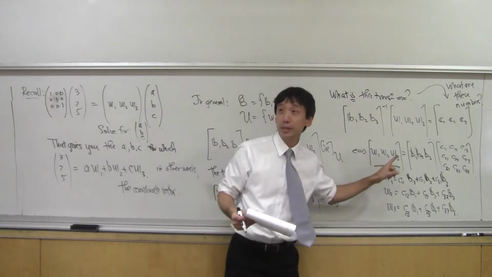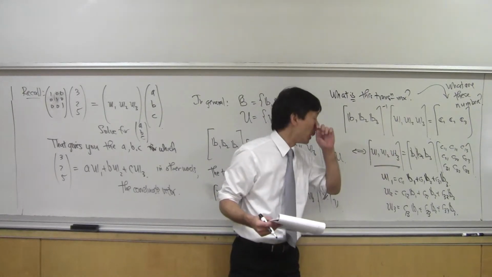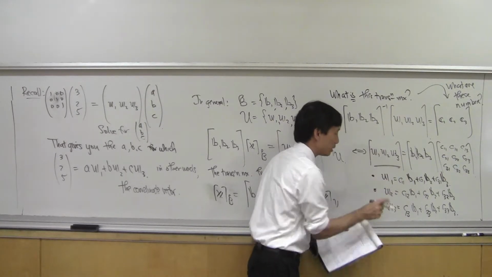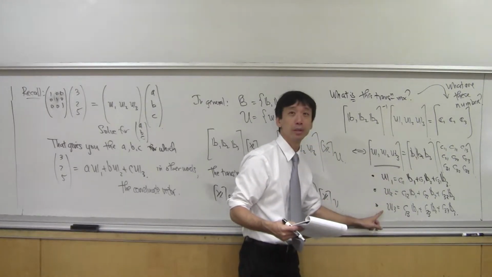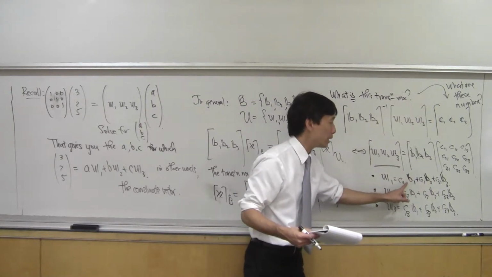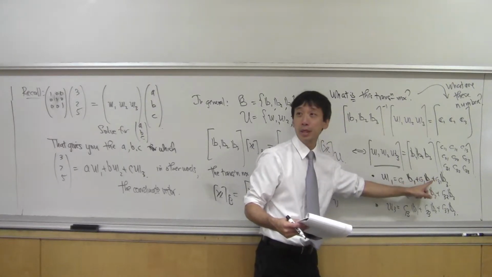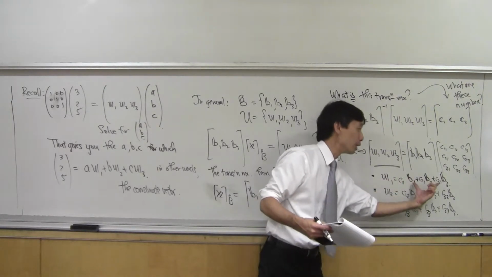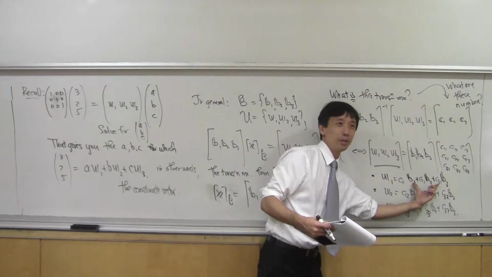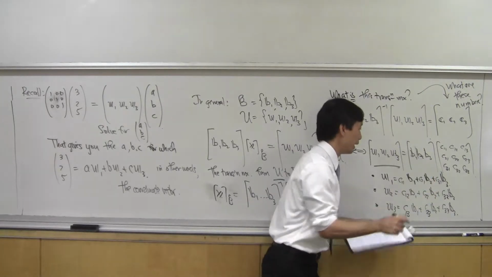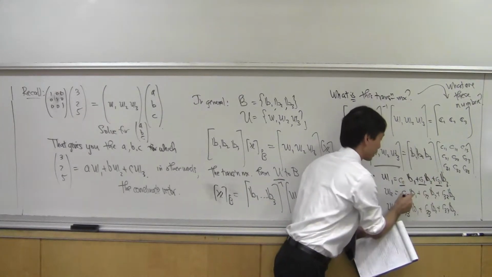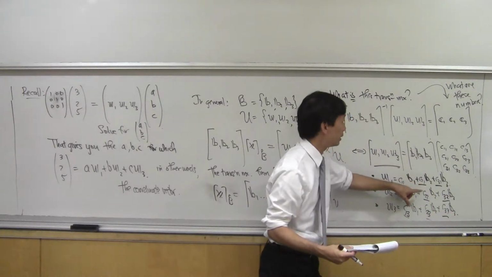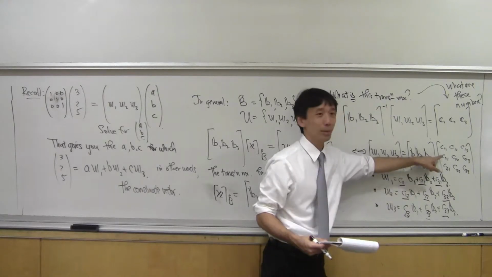So what is the transition matrix? It's the matrix that you get if you take the basis that you're coming from, and you take the basis that you're going to, and you express the elements of the basis that you're coming from in terms of the basis that you're going to, and then take those coefficients and transpose them.